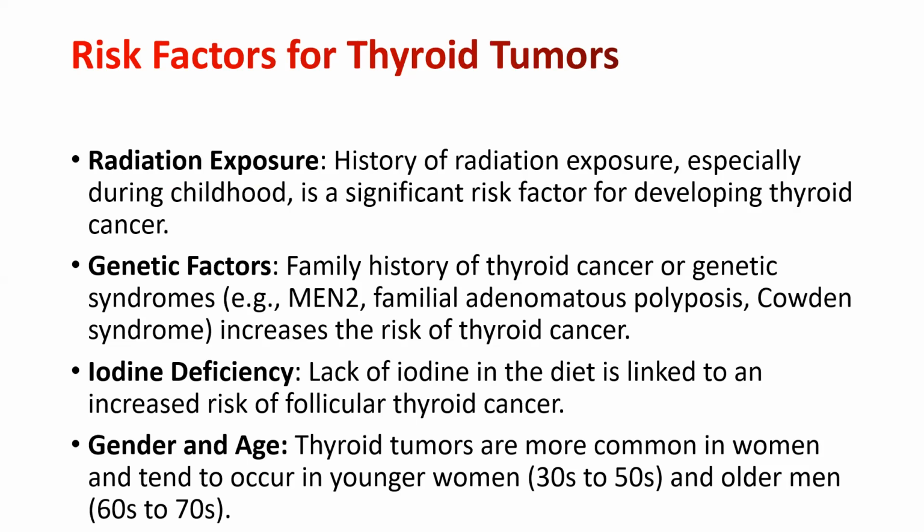So people who have increased exposure to radiation have increased risk for thyroid tumors, especially in childhood. Then genetic factors: family history of thyroid cancer or genetic syndromes such as MEN2, familial adenomatous polyposis, and Cowden syndrome increase the risk of thyroid cancer.